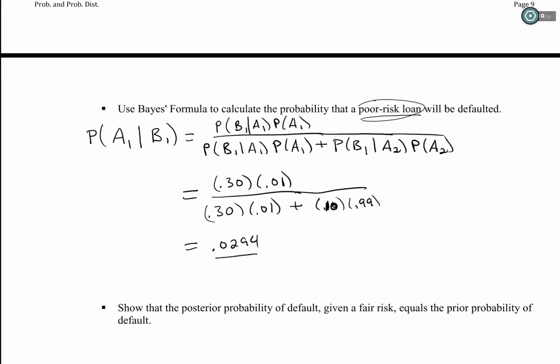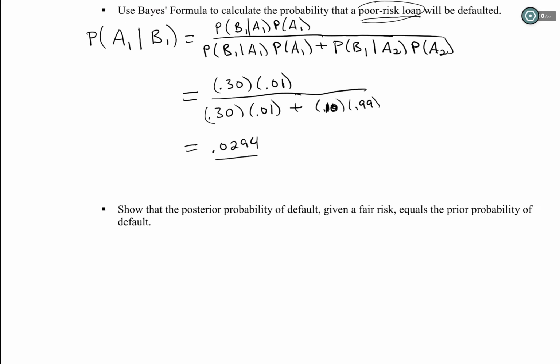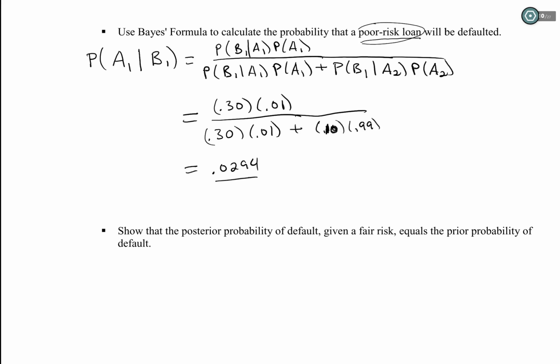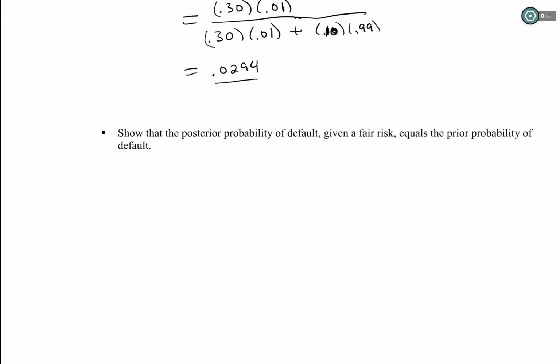You can imagine a bank would be really interested in this. Next question: show that the posterior probability of a default given fair risk equals the prior probability of default. So what are we looking at here? We're looking at a particular posterior probability, the posterior probability of default. In other words, P of A1 given a fair risk, that is P of A1 given B2.